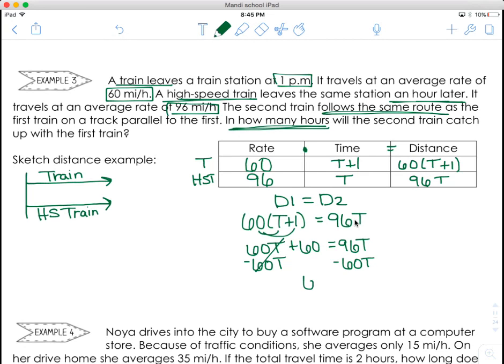So I have 60 equals 36t. We'll divide both sides by 36. And remember, I said it's okay if we use decimals in this. And t is going to be 1.7 hours. We wanted to make sure that we found the time of the second train. The second train is t. So we're done. We don't need to substitute that back in.